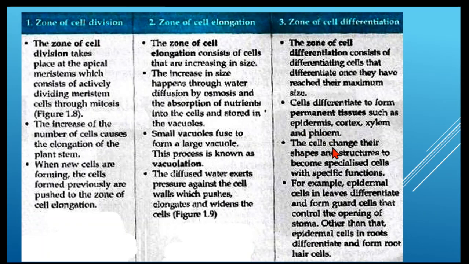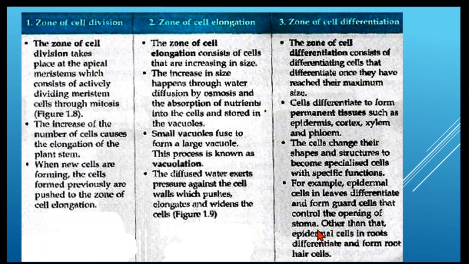The cells change their shapes and structure to become specialized cells with specific function. For example, epidermal cells in leaves differentiate and form guard cells that control the opening and closing of stomata.